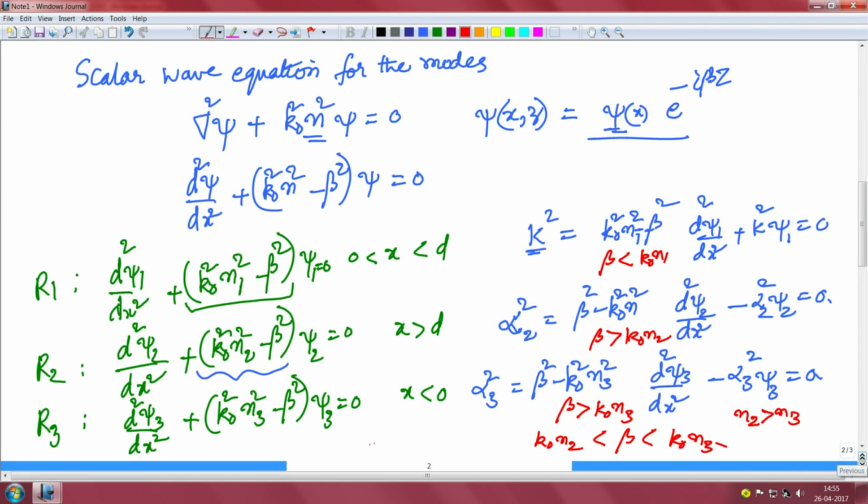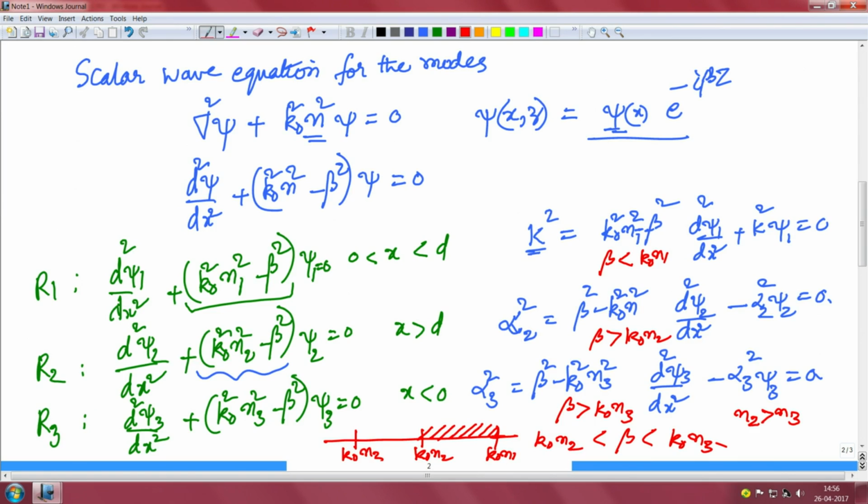We can also represent it by using the number line for beta as follows: k0 n3, k0 n2 and k0 n1. So, this region corresponds to the guided mode fields for beta.